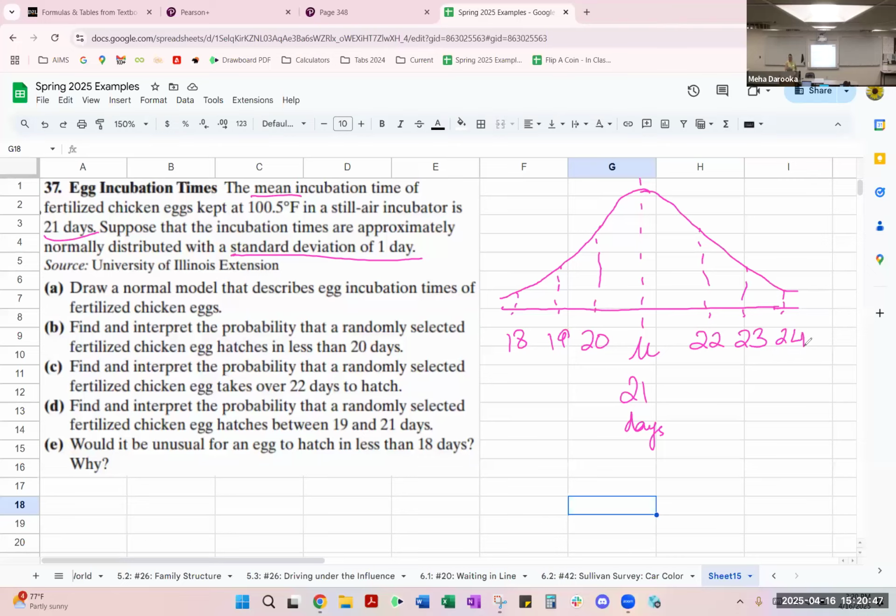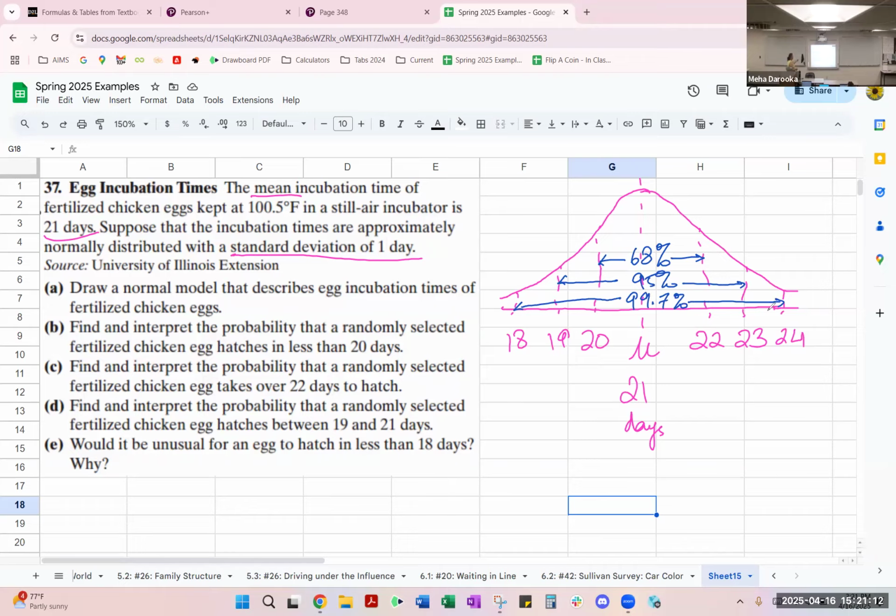And again, we put those percentages in: 1 standard deviation is 68%, 2 standard deviations out is 95%, and 3 standard deviations out is 99.7%.